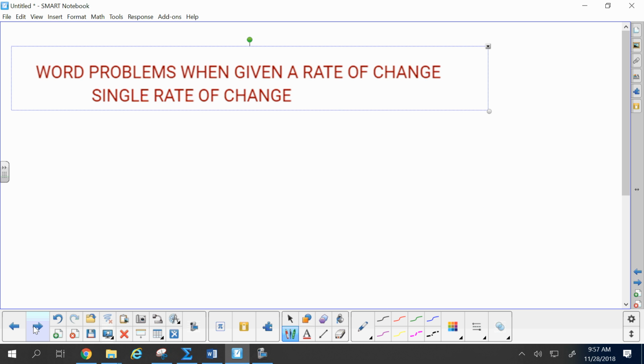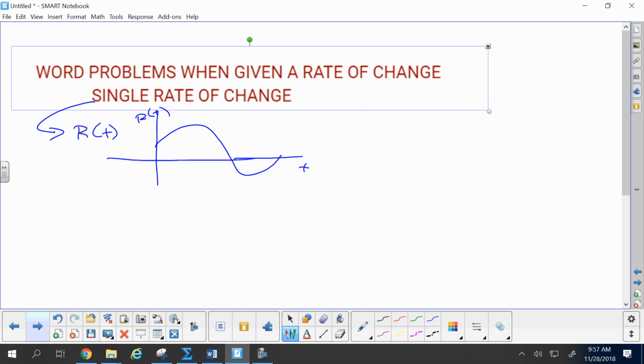Word problems. Given a rate of change, there's 2 types of word problems with rate of change. There's just a generic rate of change, and sometimes it's positive, sometimes it's negative. If it's a single rate of change, think of it, maybe it looks something like this over time.